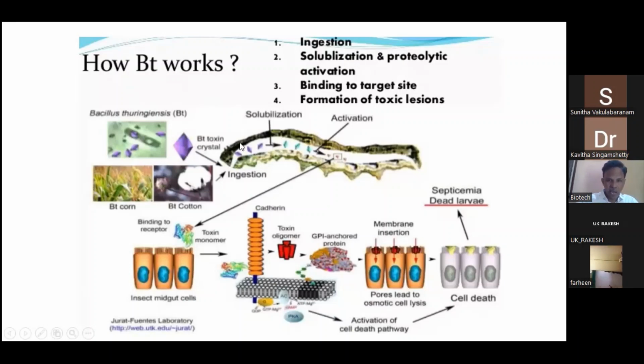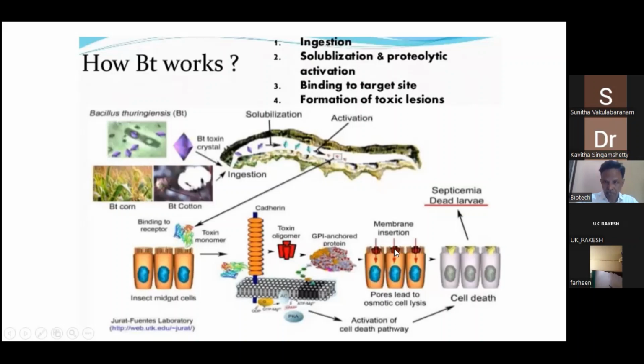Now, when the larva starts to consume the leaf, along with that, the Bacillus thuringiensis crystal will enter into the gut of this larva. When it is ingested by the larva, this toxin, this crystal will create a bore into this membrane.